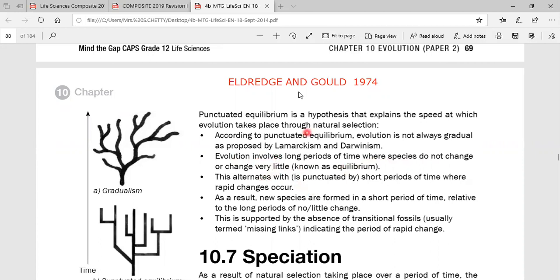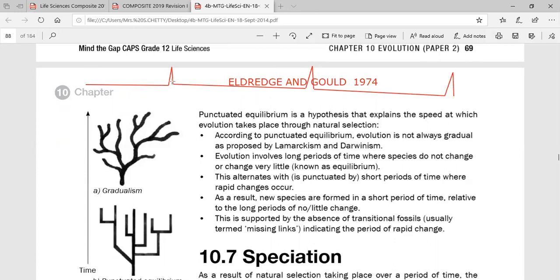If you had to draw something: long periods of time with no change, then in a short period of time, a drastic change, followed by a long period with no change, a short period, a drastic change, a long period, no change, a short period, a drastic change.